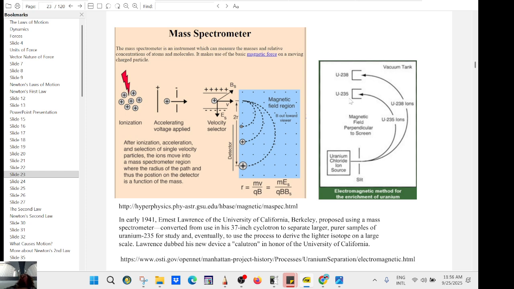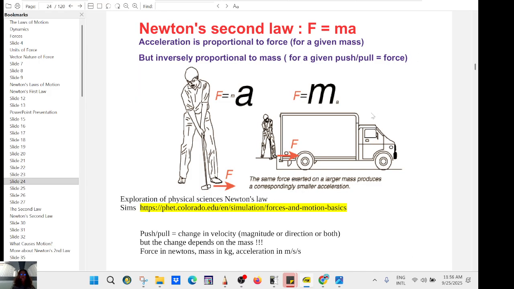But they had to do it over and over again to get enough uranium-235, because to make a bomb you need uranium-235. Nowadays they use different techniques: laser, centrifuge, and others I forgot, but that was the old way. So that's why physics is relevant sometimes.